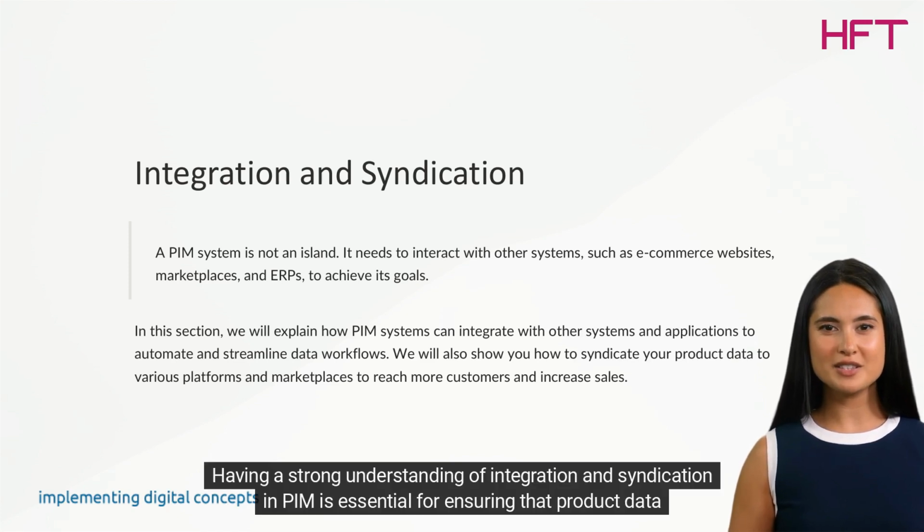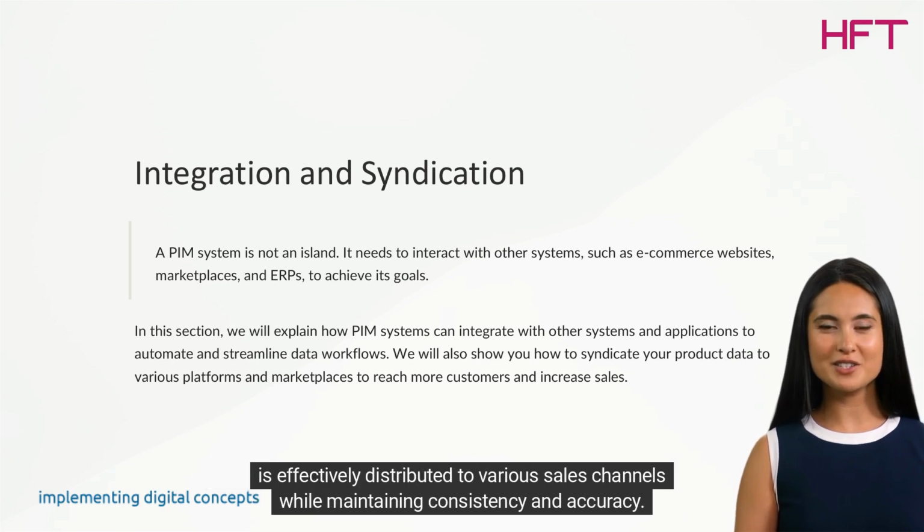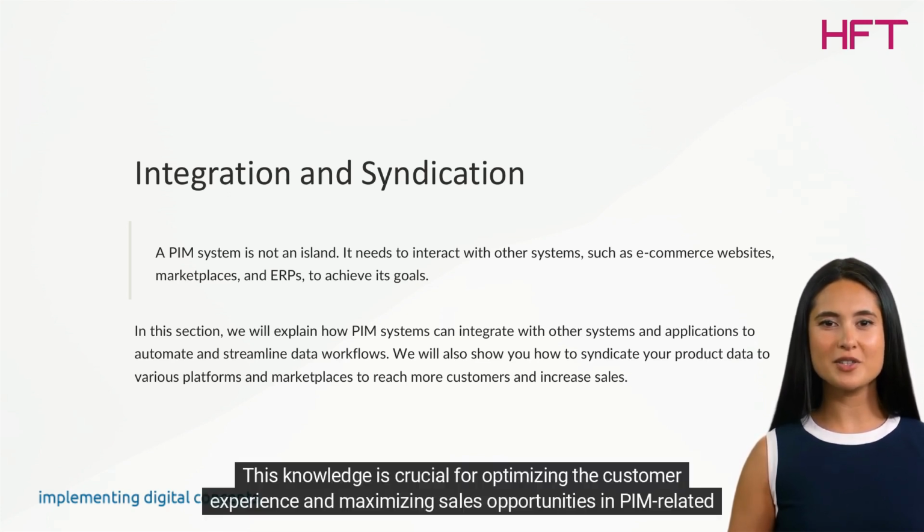Having a strong understanding of integration and syndication in PIM is essential for ensuring that product data is effectively distributed to various sales channels while maintaining consistency and accuracy. This knowledge is crucial for optimizing the customer experience and maximizing sales opportunities in PIM-related roles.